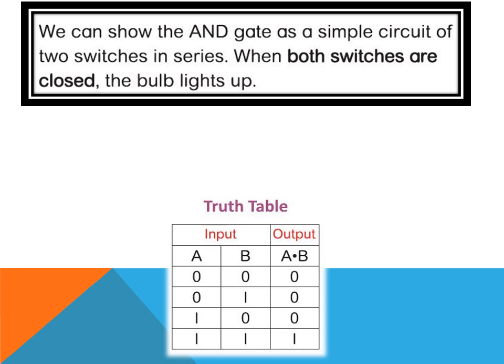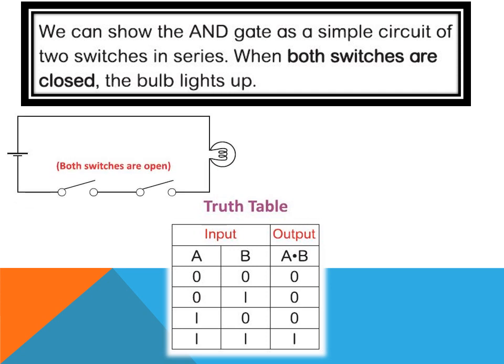Now, we can compare this table by drawing a circuit with 2 switches in series. Let us consider the diagram now. See, here in the diagram, the battery is connected to the bulb through a series of 2 switches. Now, let us say open is 0 and closed is 1.